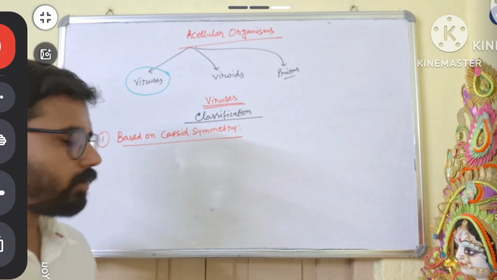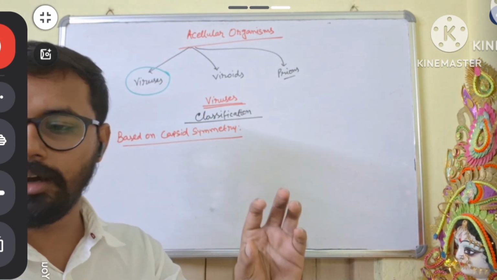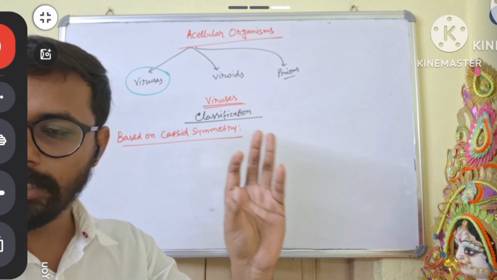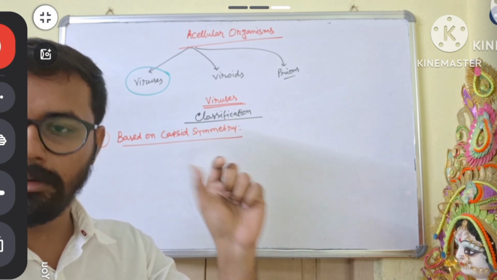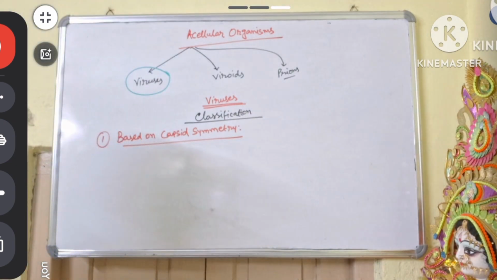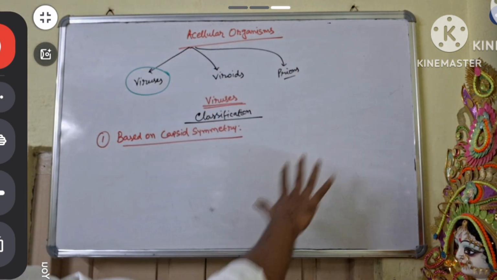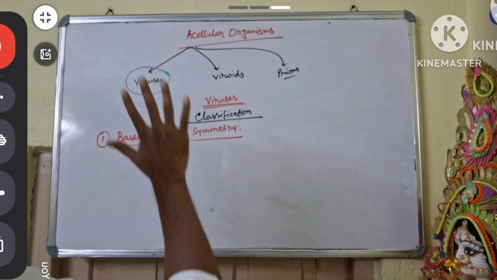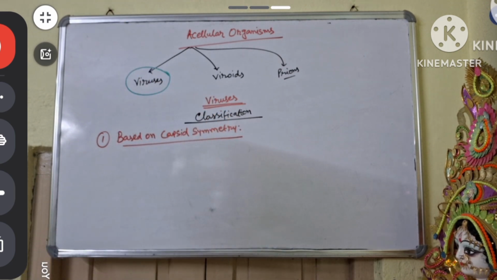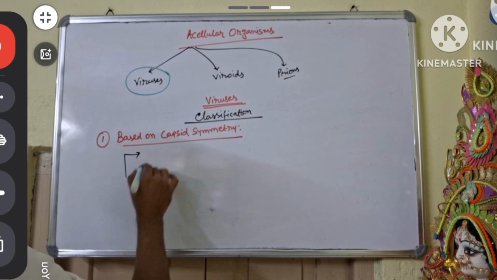The capsid is a polymerization of protein, and the monomer unit is called the capsomer. Symmetry means how the capsomers are organized to make up the capsid.